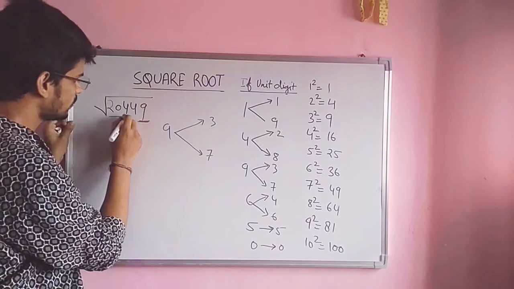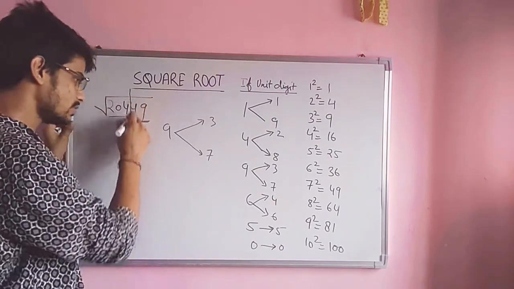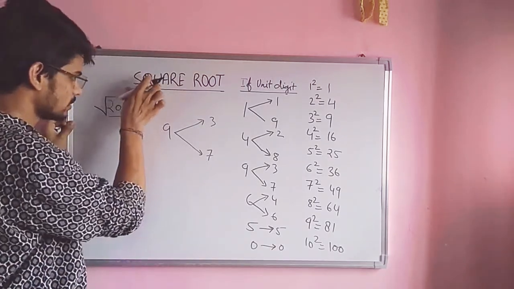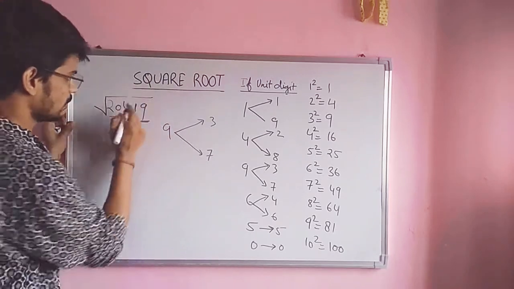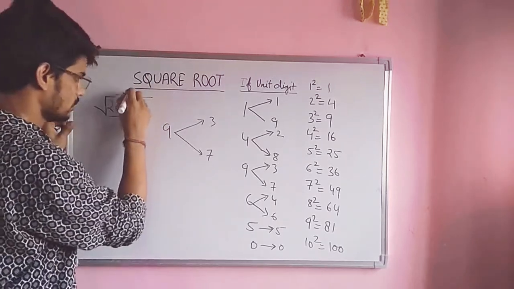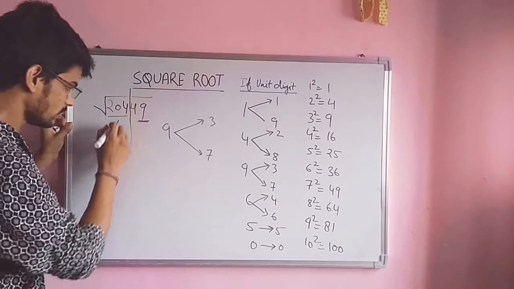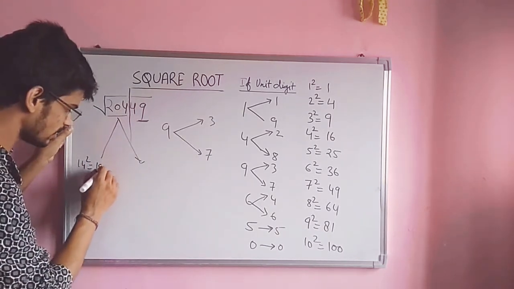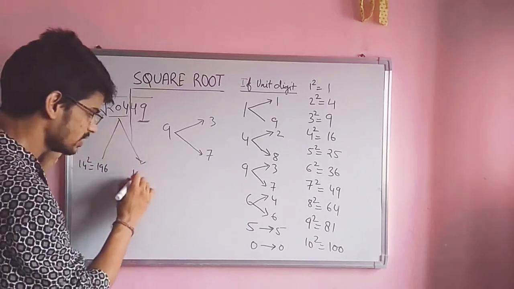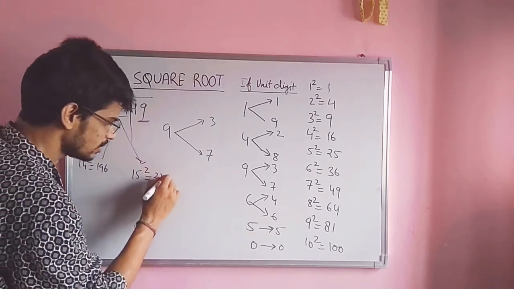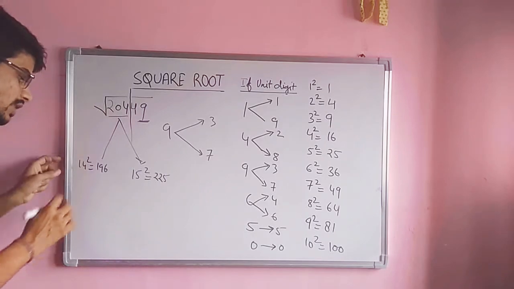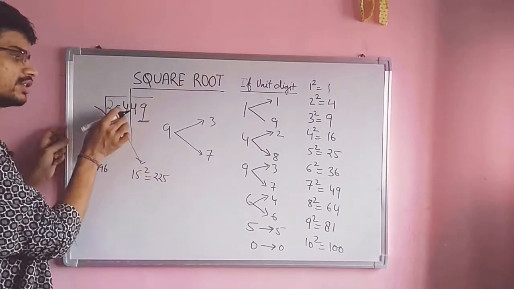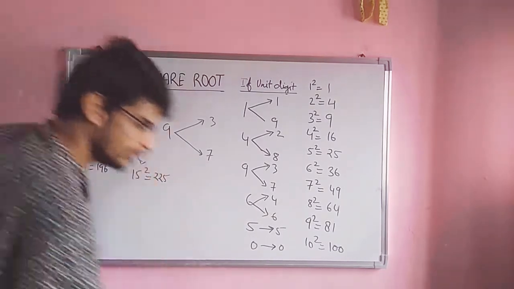Now consider the first three digits, leaving the last two digits. Here 204 comes under what? 14 square is 196, and 15 square is 225. Now 225 is greater than 204, that's why we leave this.